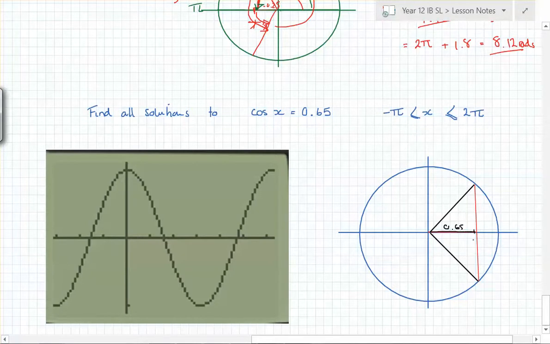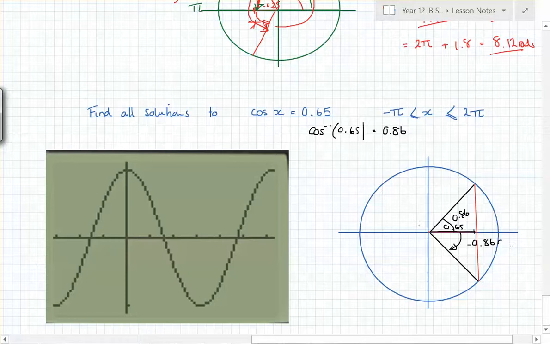Right, so the angles. So this angle here, you've worked out as what? Cos minus 1 of 0.65 is 0.86 radians. Okay, so we've got 0.86 radians, and going the other way, minus 0.86 radians.